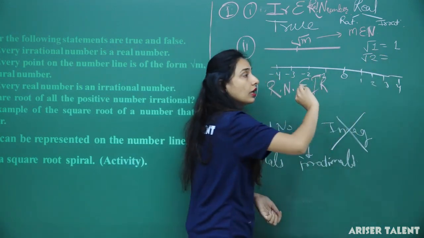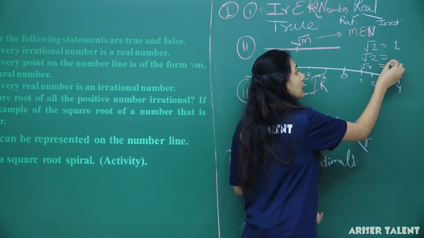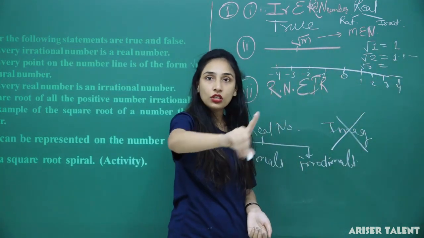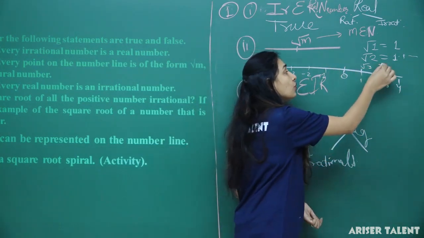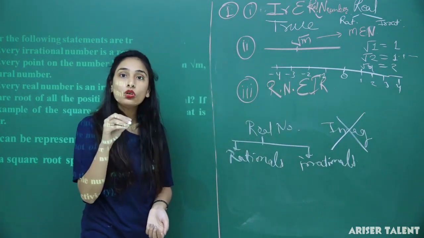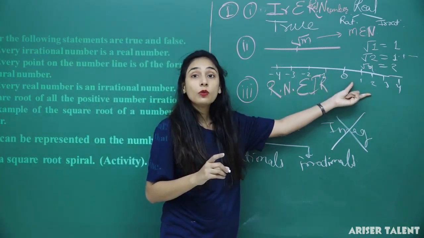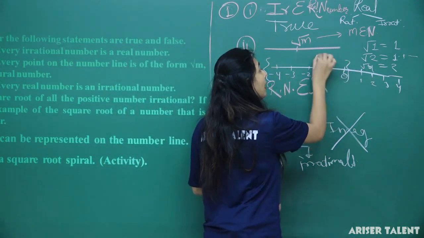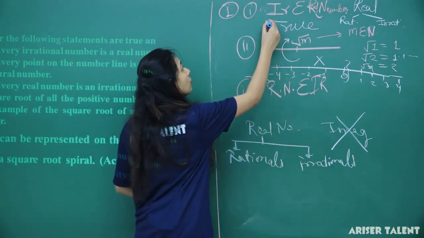Root 2 has a value of 1.414 something, so it is positive. Root 3 is also a positive number. Root 4 has value 2. Root 4, root 5, root 6. That means all the values of root of a natural number will give a positive value, but we also have negative numbers on our number line. So these values are not defined by this.